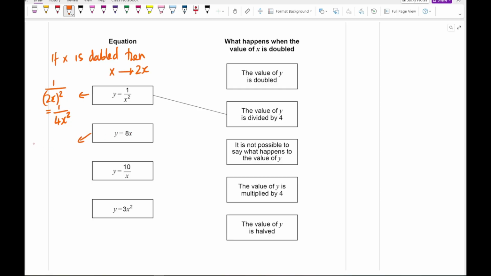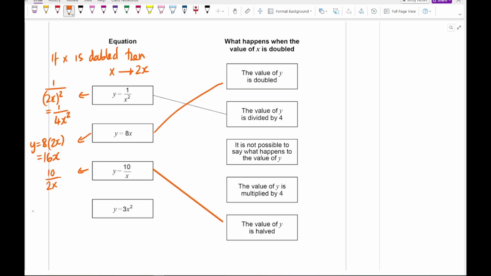Then for this one here, this is going to be y equals 8 lots of 2x, which is going to equal 16x. So this one has been multiplied by 2 in comparison to the original one, so that's going to be doubled. Then for this one here, that's going to be 10 over 2x, which again we're looking at halving our value of this expression, so this is going to be this one here.